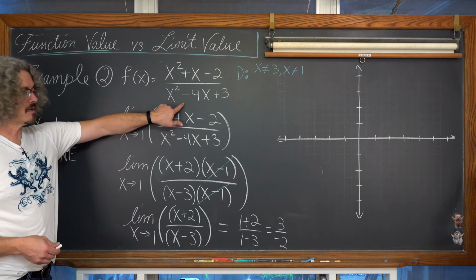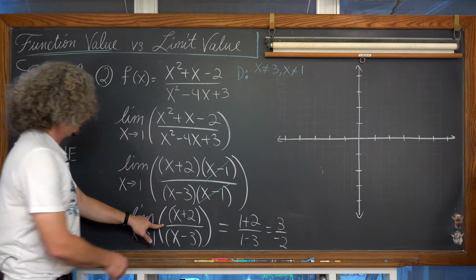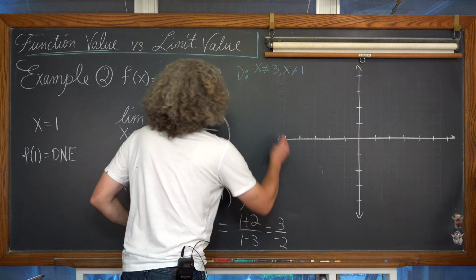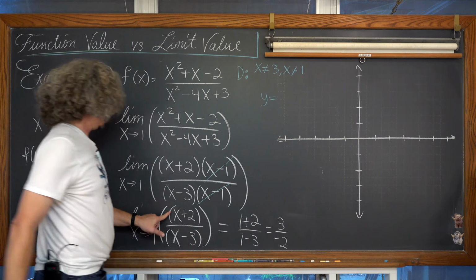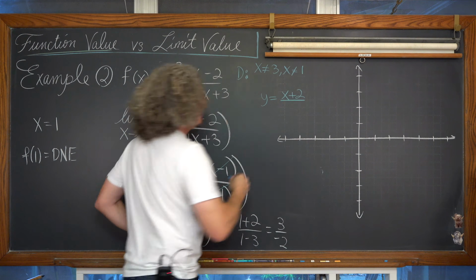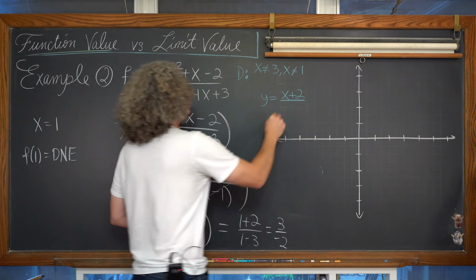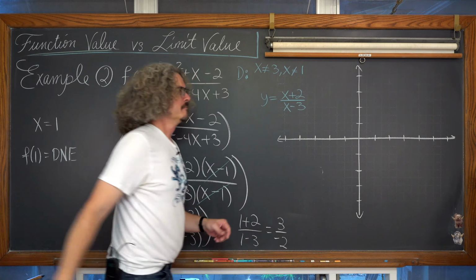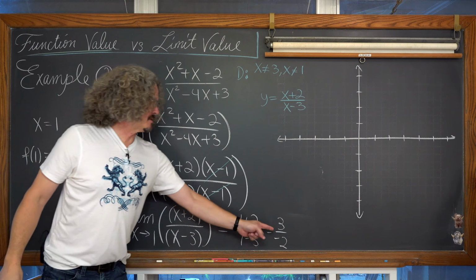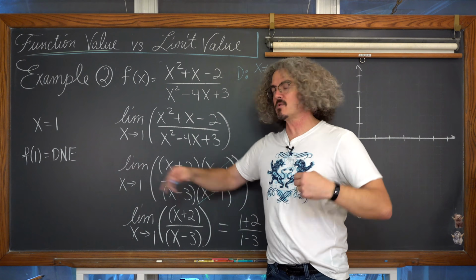Okay, so I want to focus on my original equation here, but I also want to graph this reduced form. I want to graph y equals x plus 2 over x minus 3, so you can have a visual representation of how to analyze limits. This is a nice clean way of analyzing this limit, which initially was in a form of indeterminate 0 over 0.